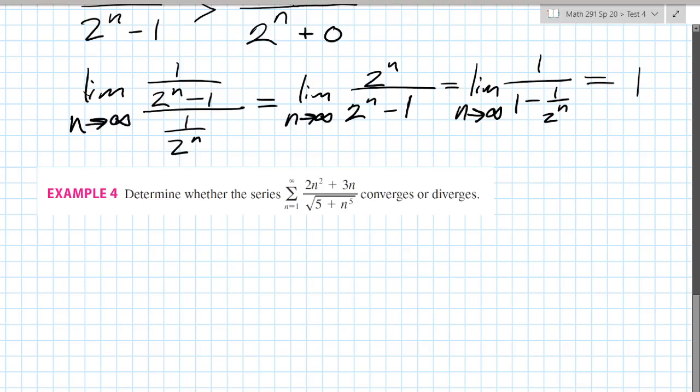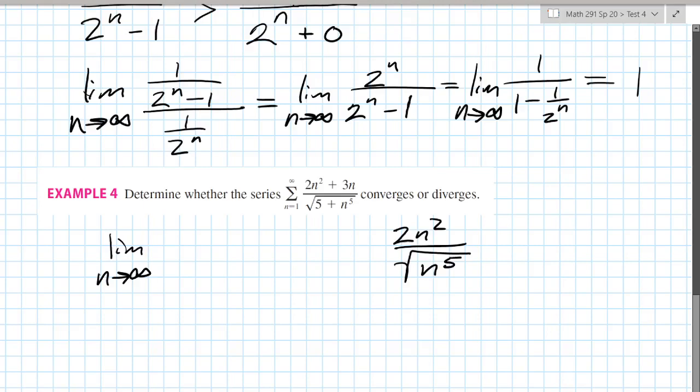All right, next one, we're trying to determine whether or not it converges or diverges. So this is a kind of complicated problem. Let's compare it with just 2 to the n squared divided by the square root of n to the 5th. So really we could just look at the largest powers of n.